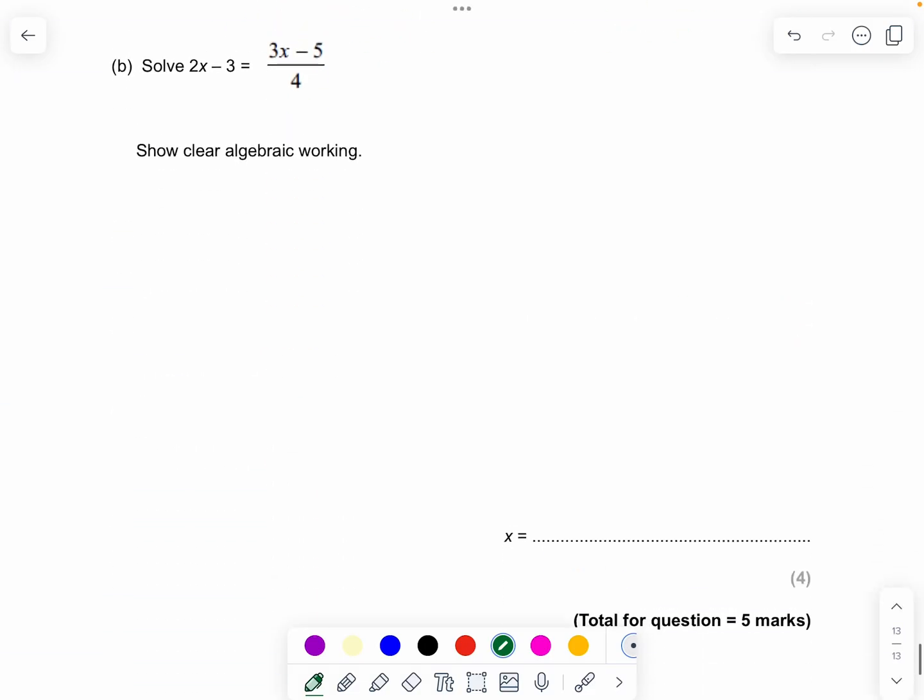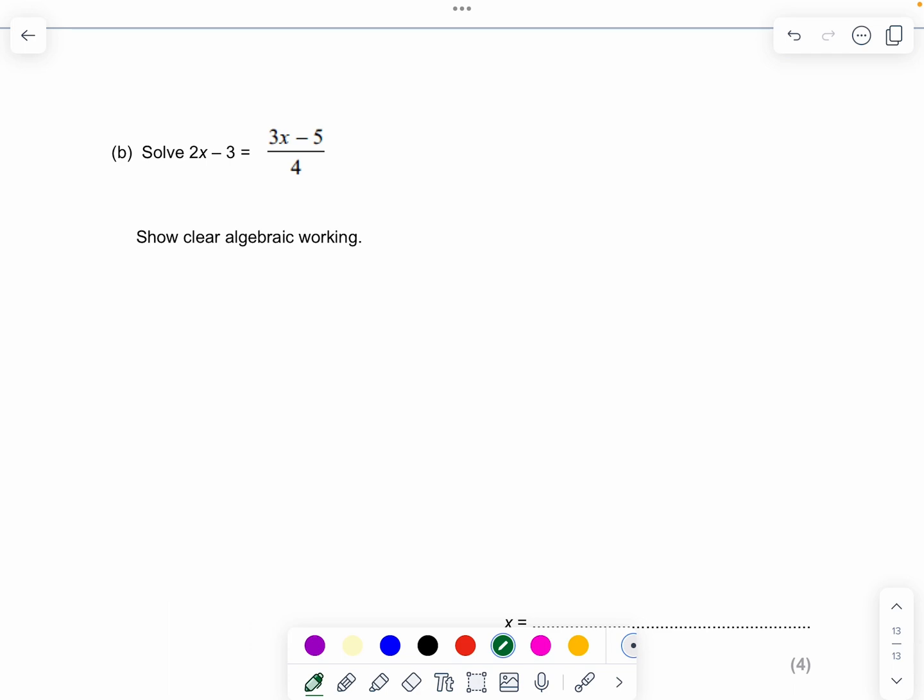Right, last question. Well done, guys, for making it this far. The first thing I would do is get rid of our denominator here. I'm going to get rid of it by timesing by 4, and I'm going to times all of this by 4.